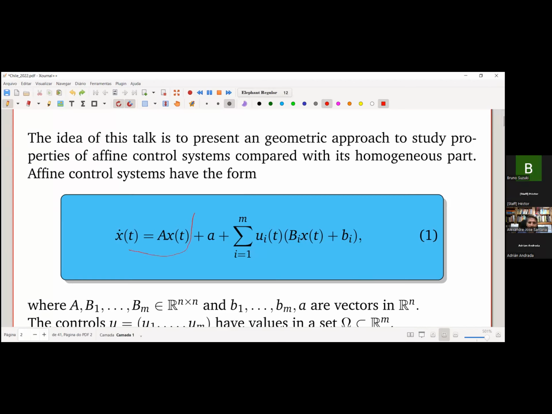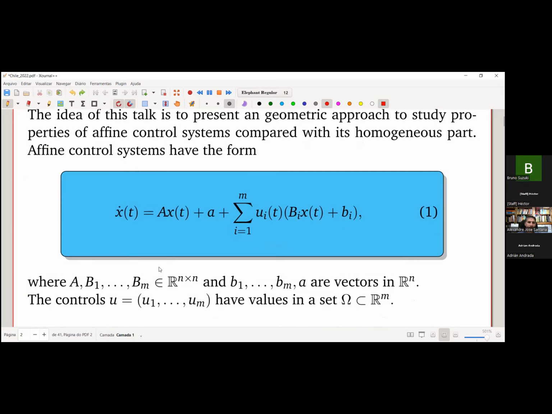The homogeneous part is this one here. I mean, we disregard this vector A and this vector B. So let me explain this context better.